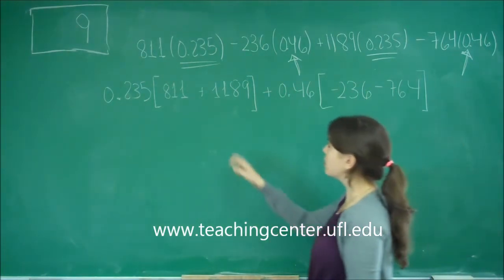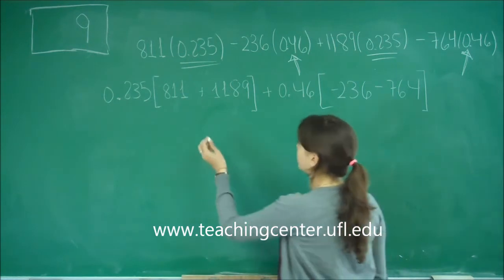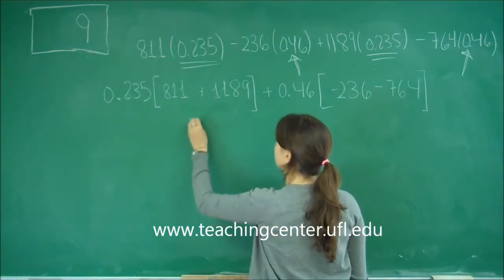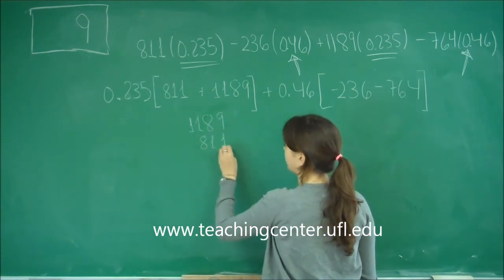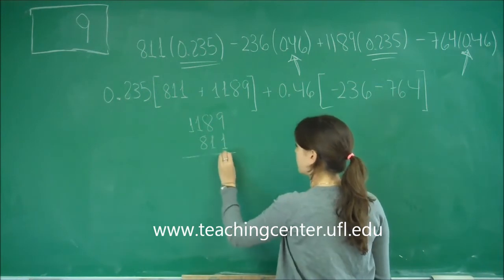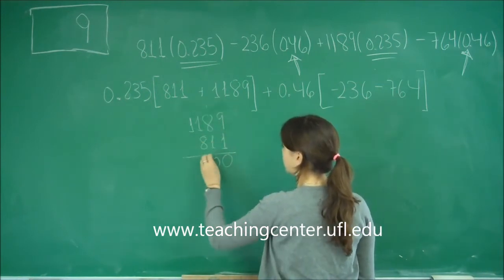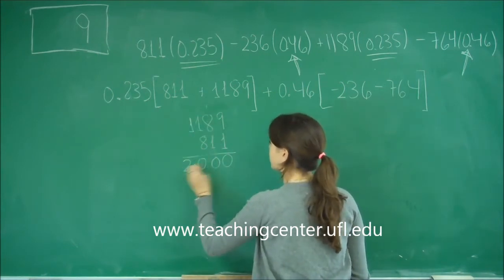So let's see. These guys, let's add them together, and it's going to be 1189 plus 811. So we've got 0, 1, 0, another 0, 2000.